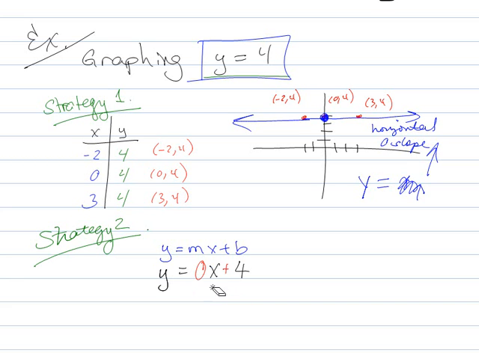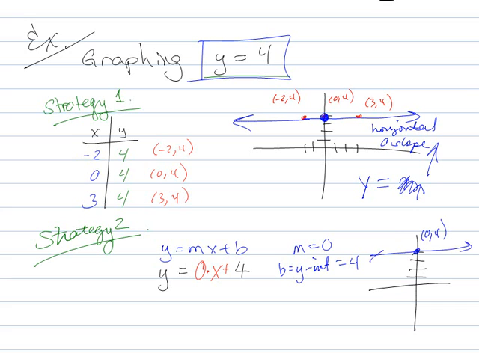Since my original equation is just y equals 4, the only way to match is y equals 0 times x plus 4. That makes your slope 0, and your y-intercept, b, equal to 4. So you'll have a y-intercept of (0, 4) and a slope of 0. That's another way to think about it.